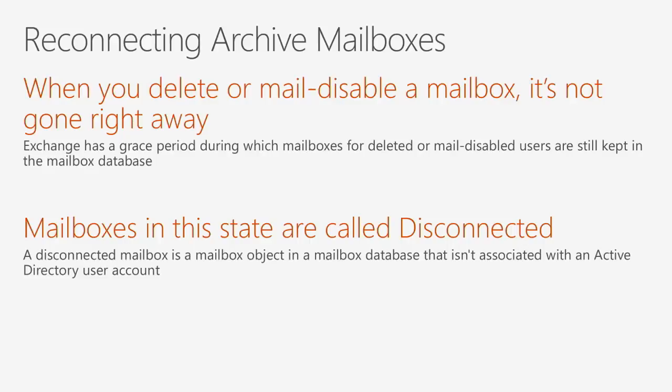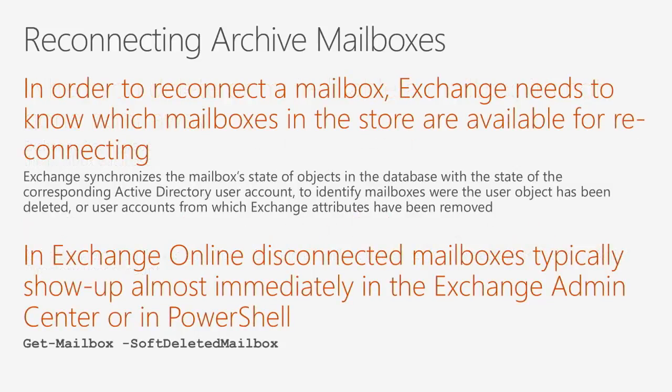There's a grace period during which it still exists in the database and can be recovered and reassigned to a user. We call those disconnected mailboxes. Now, in order to reconnect a mailbox, Exchange actually needs to know what mailboxes inside a database are available for reconnection. And it does that by periodically syncing the mailbox objects in the database with the corresponding objects in Active Directory.